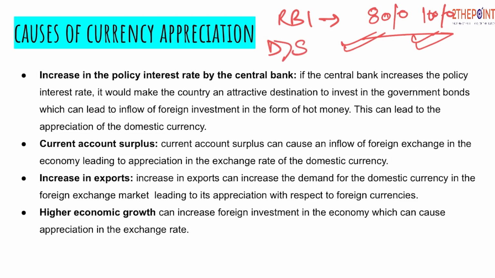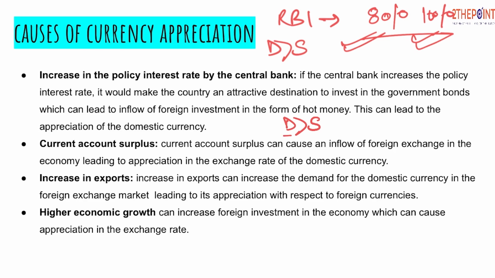When the foreign institutional investors come to India with dollars in their hand, what will they demand? They will demand Indian rupees, because they want to convert their dollars into Indian rupees and deposit them with the Indian banks. So the demand for the Indian rupee is increasing. Demand is more, supply is less, which means appreciation will take place.